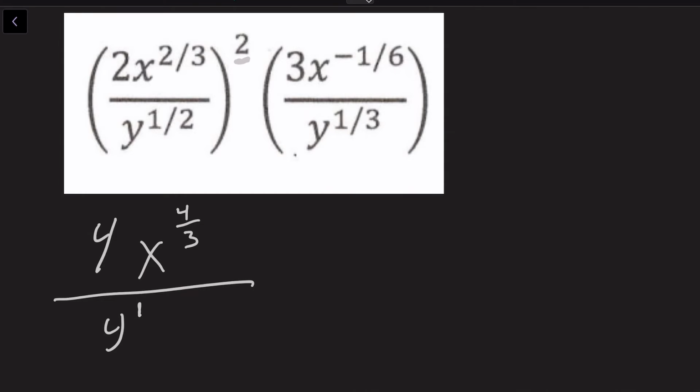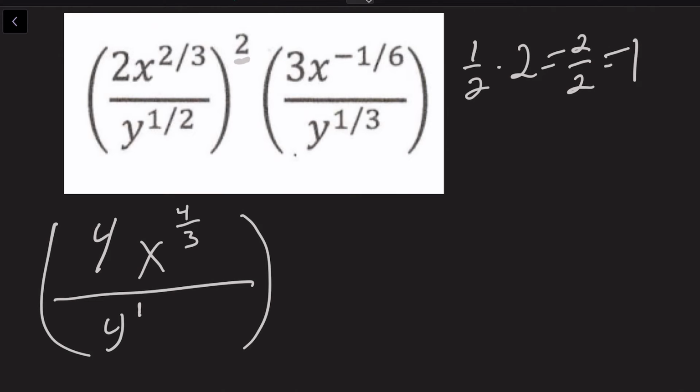So here I'll write this on the side so you can see: 2 halves is equal to 1. This is all multiplied by 3x to the negative 1/6 over y to the 1/3.